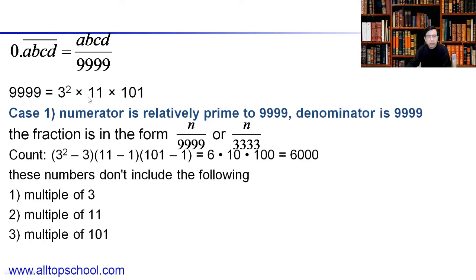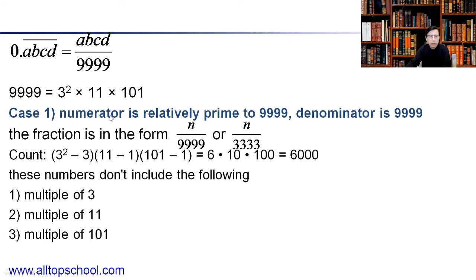It has to be the remaining part of the 9,999. Same thing, if the numerator is a multiple of 11, then the denominator definitely should not have this 11 as part of this fraction. So that should be something else like 3 squared times 101.